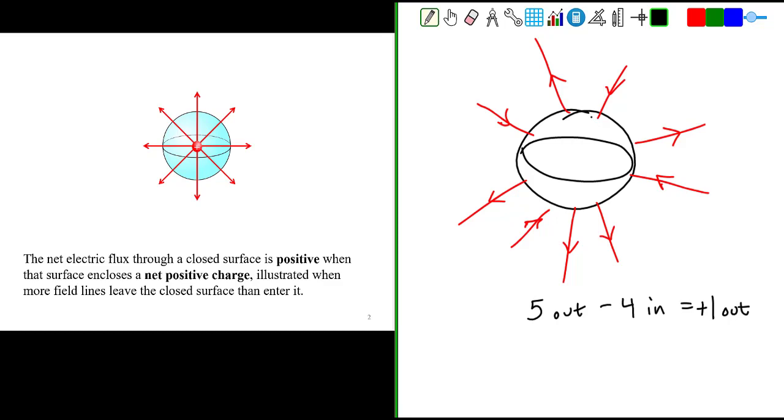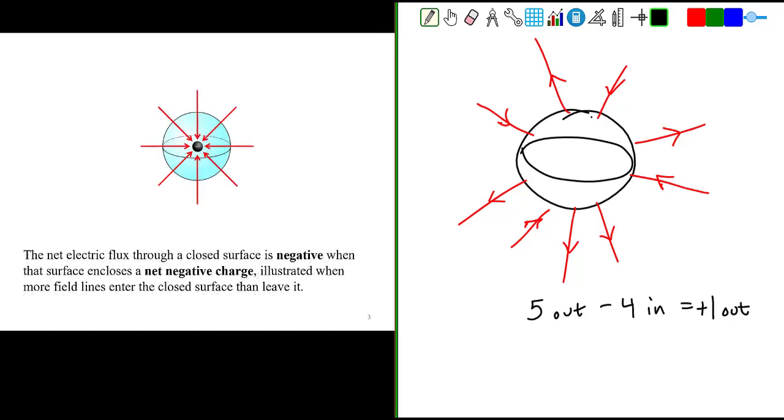Now, we also talked about what if we had a negative charge enclosed by a surface. The net electric flux through a closed surface is negative when that surface encloses a net negative charge. Illustrate it when we have more field lines enter the closed surface than leave it. So let's say we just add a couple more field lines here.